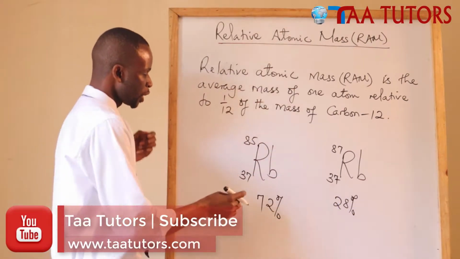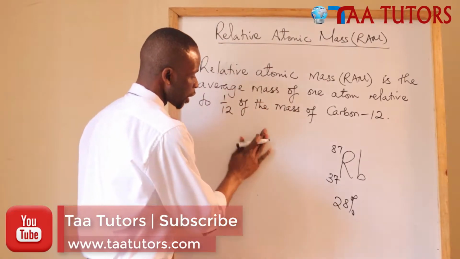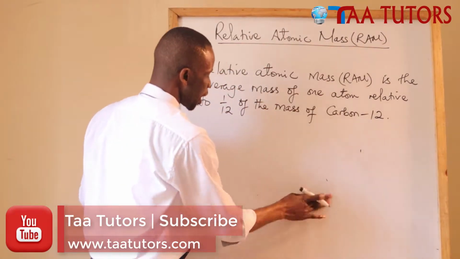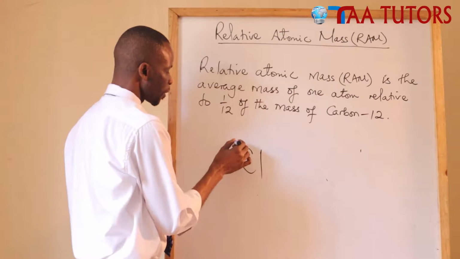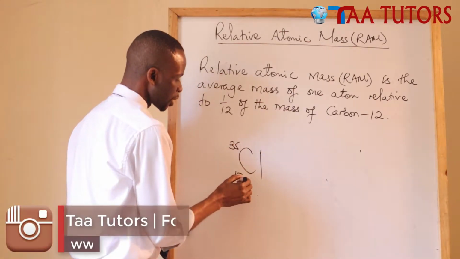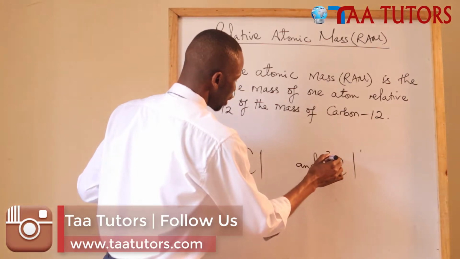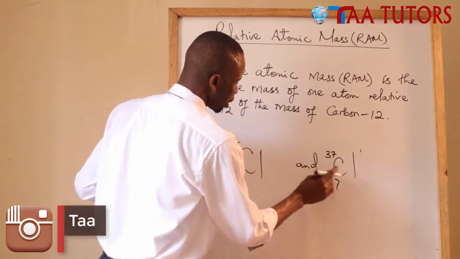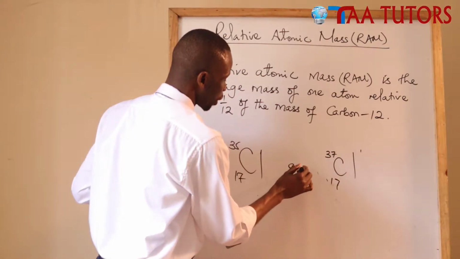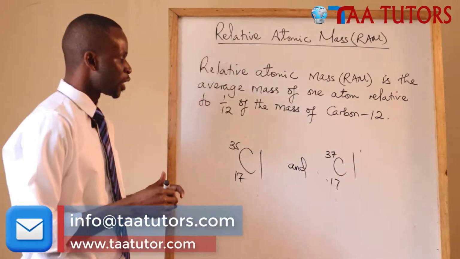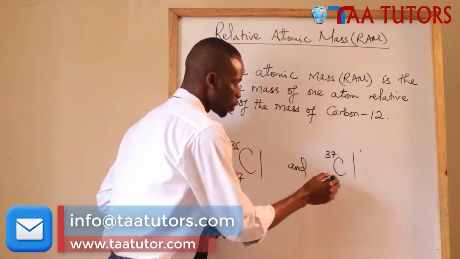If you look at chlorine, for example, chlorine has 2 isotopes, chlorine 35 and chlorine 37. These 2 isotopes also have different percentage compositions.